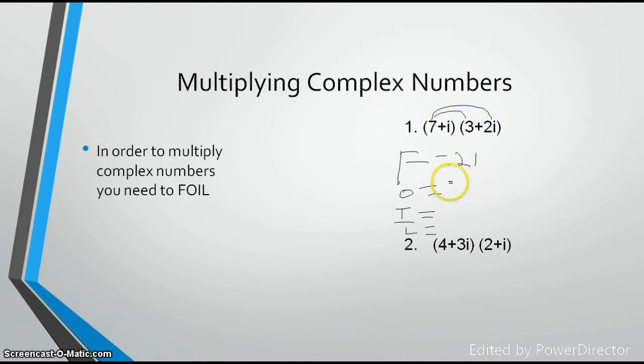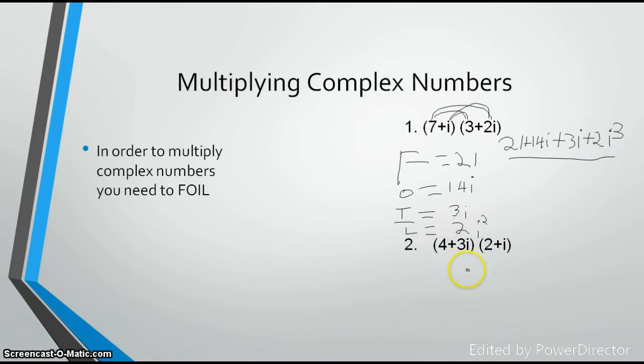Then you do outside, 7 times 2i. And then you do inside, i times 3 gives us 3i. And then finally last, i times 2i, which gives us 2i squared, which makes our final answer 21 plus 14i plus 3i plus 2i squared.